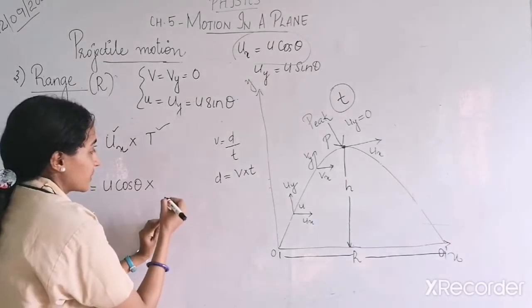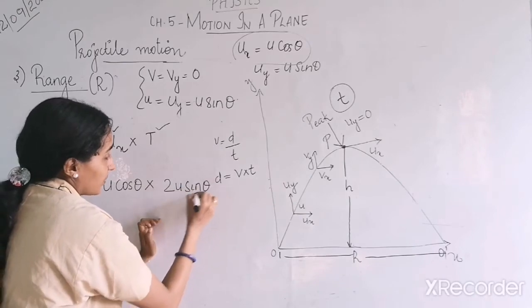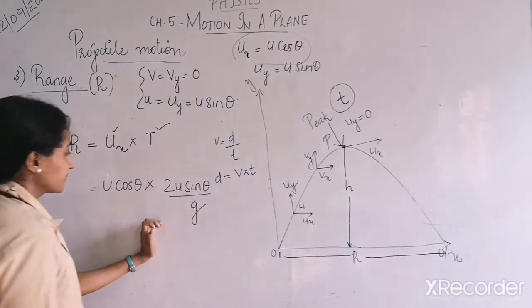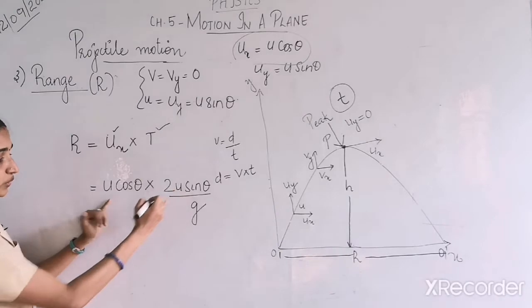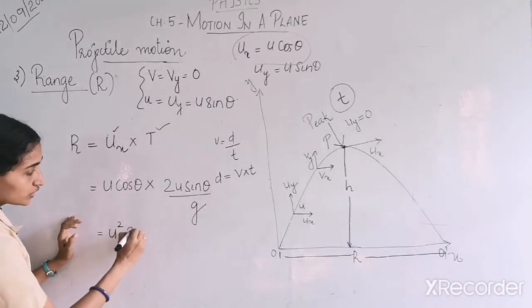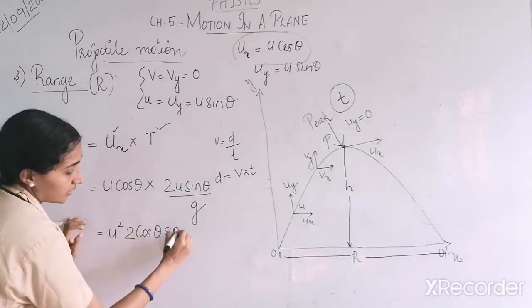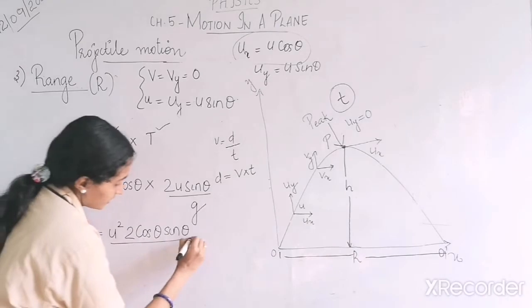What is the equation? 2u sin theta upon g. Now u into u, you can write it as u square into 2 cos theta sin theta upon g.